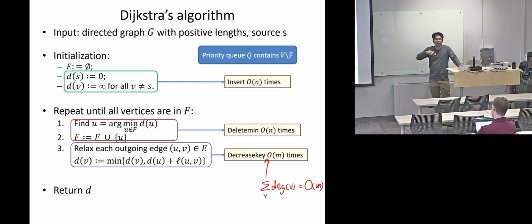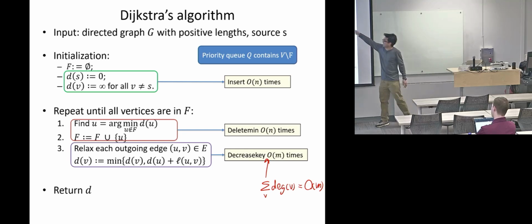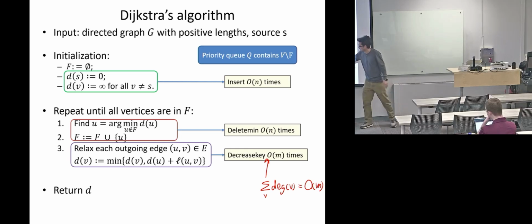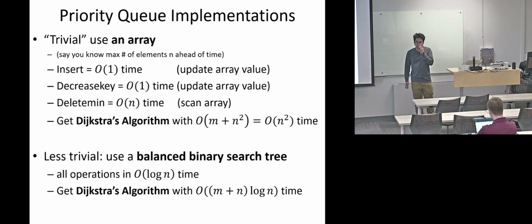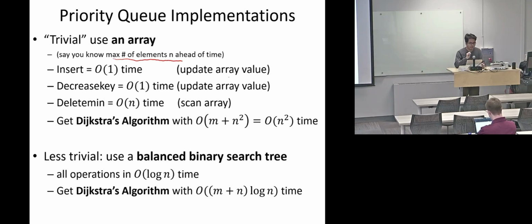It's just about how fast you can implement each of these operations. Now we've counted how many times we call each operation, so now we just count how to implement each operation fast, right? There is a trivial way to implement a priority queue, which is to just use an array. We know that the maximum number of elements is just n.